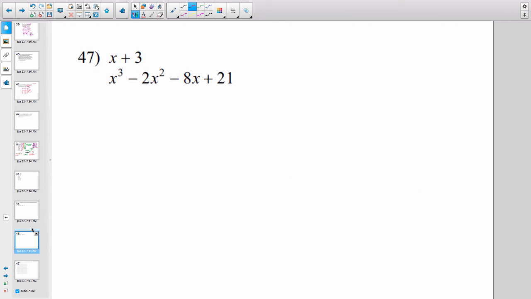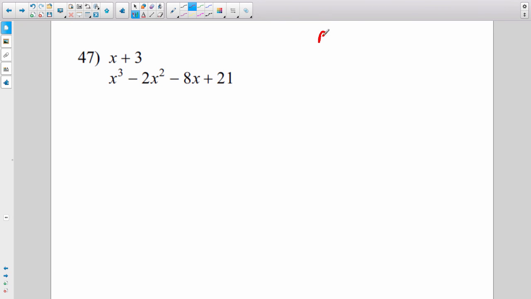47 and 48. Long division for number 47. Okay, long division. Make sure you're not missing anybody. So, just for some notes, place exponents in order.